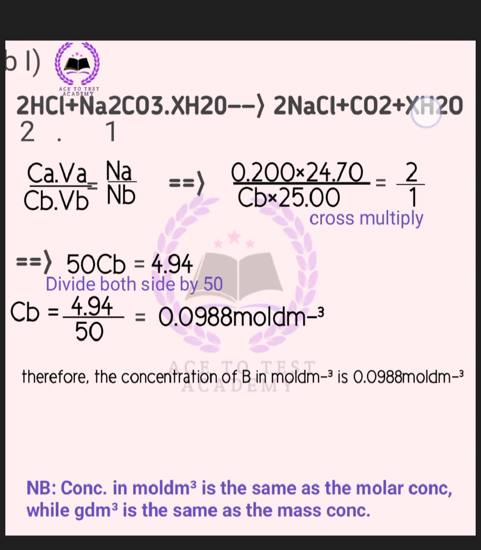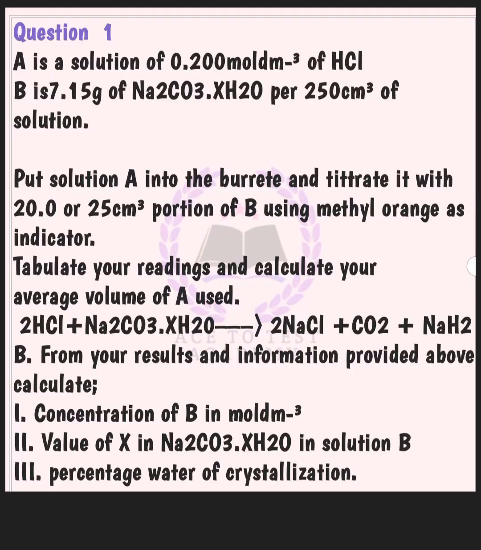Please take note. Back to part II: the value of x in Na2CO3.xH2O in solution B. That is the value of x in hydrated Na2CO3. Hydrated contains water, and if I say anhydrous, it does not have water.